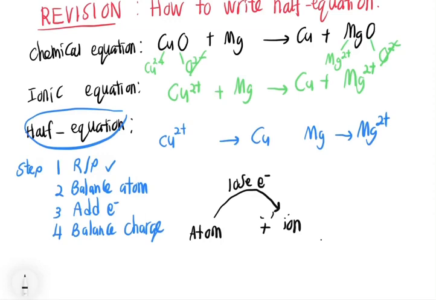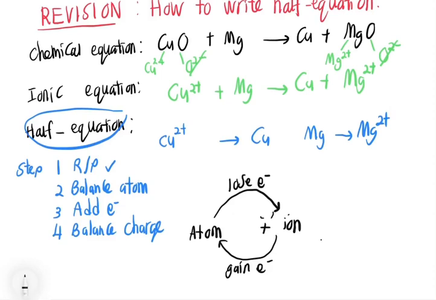And for the positive ion to go back into becoming atom, now the ion has less electron. That's why it has positive charge. So in order for the positive charge to become neutral, it must receive or gain electron. That way, the positive ion will now have the same number of electron and proton.